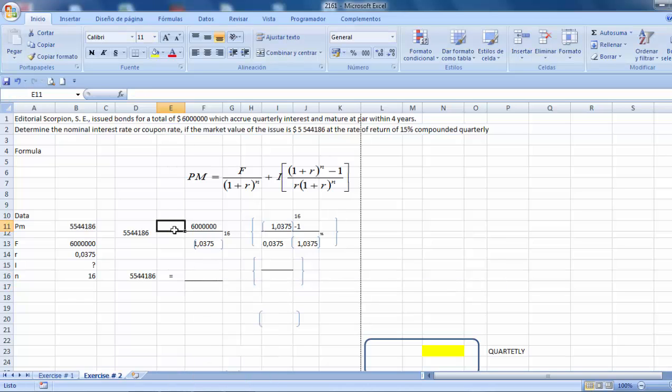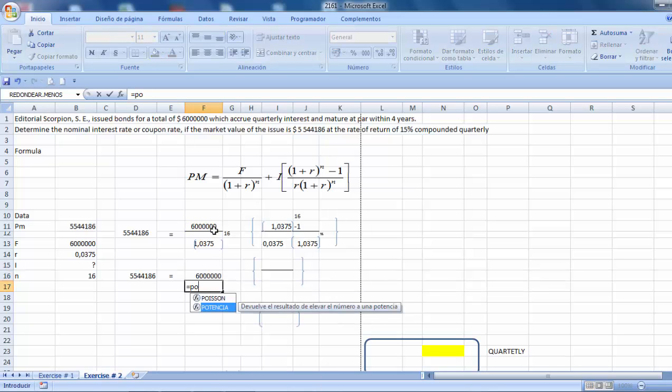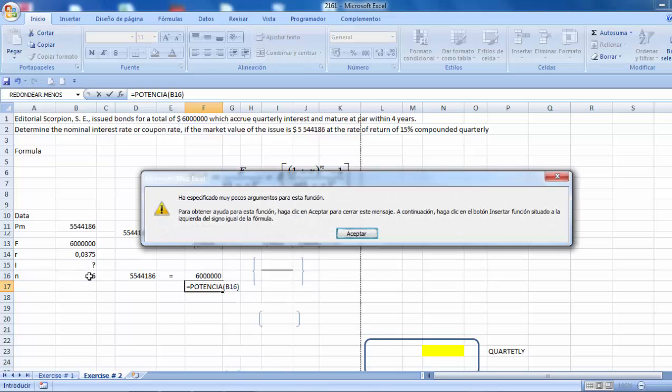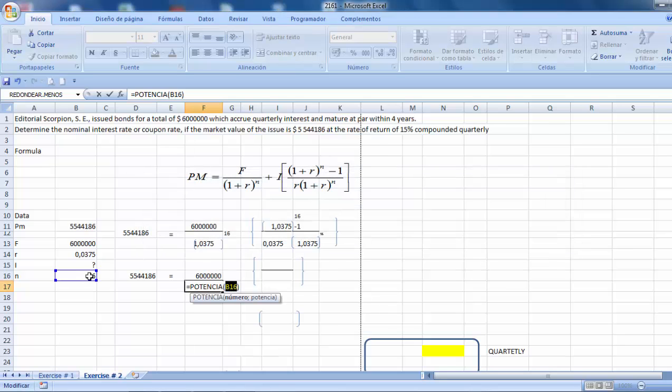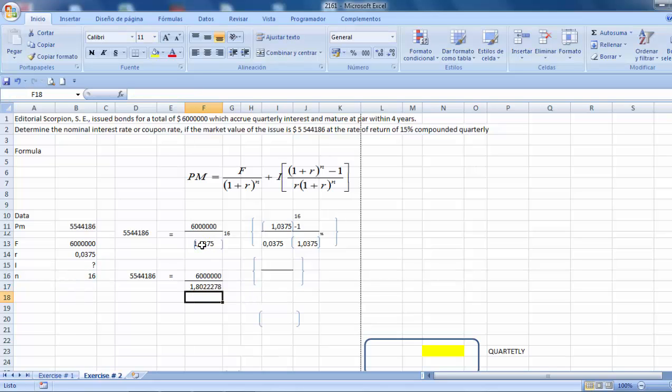That's why we write it equal on both sides. And we start with the formula for the power. We take the N and also the 1 plus R. That's how we get the 1.80.